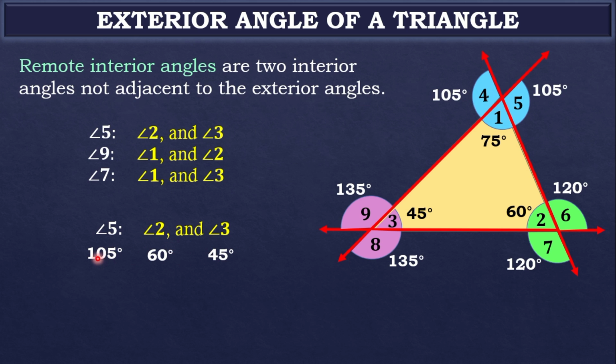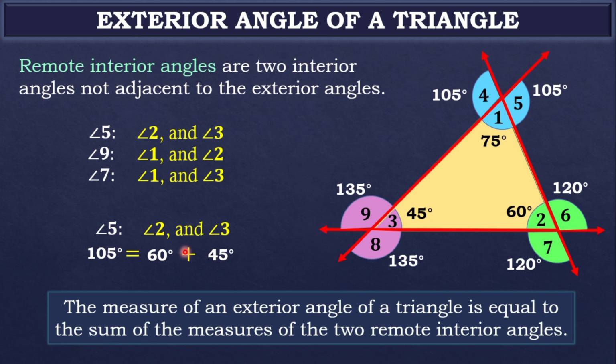What have you noticed? Anong sa tingin nyo ang relationship nitong tatlo na to? Okay? So, the exterior angle is equal to the sum of the two remote interior angles. So, yun po ang meron sa remote interior at exterior angle.